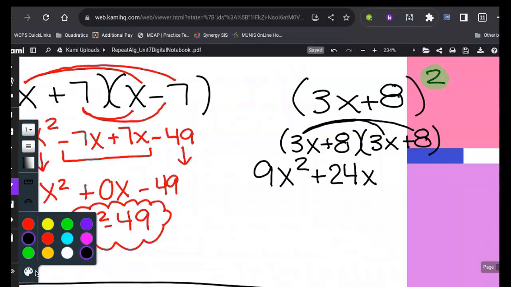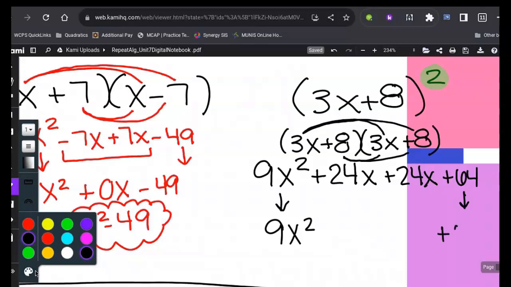And then I jump to the next term, and I distribute it. 8 times 3x is another 24x. And 8 times 8 is 64. So the first and the last terms come down. So 9x squared, and then plus something, plus 64.